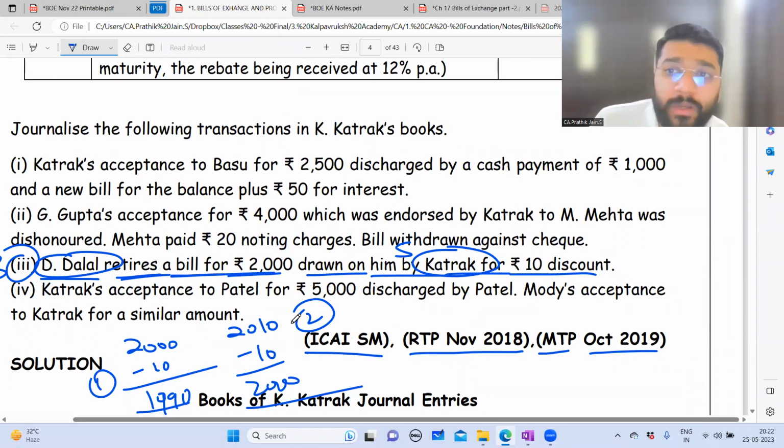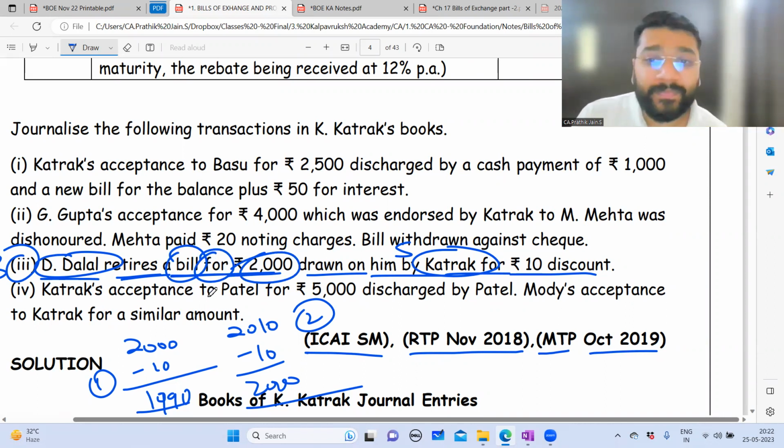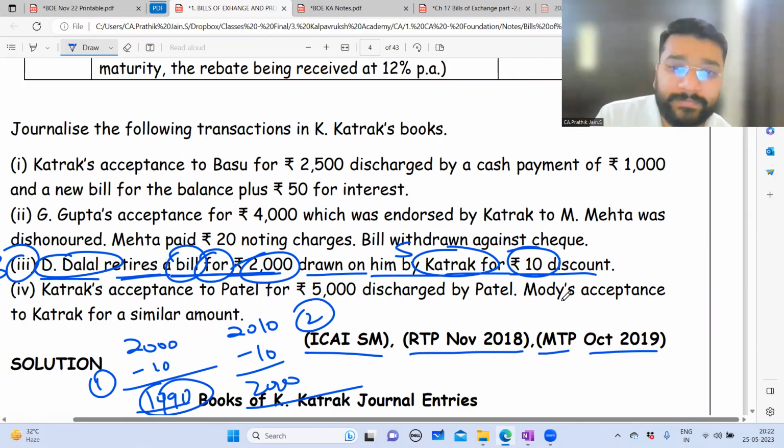Dalal retires bill for 2000. So the money you're receiving is 2000 or 1990? 1990. Because the language very clearly says that Dalal retires bill worth 2000 rupees. So 2000 is the worth of the bill. In that, 10 rupees is discount. So what is the money received? 1990. Are you able to understand?